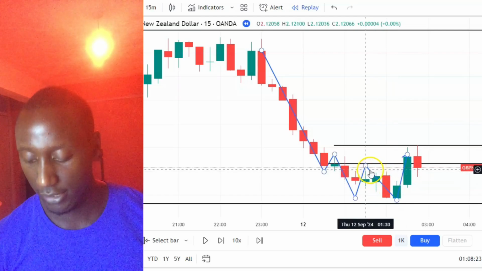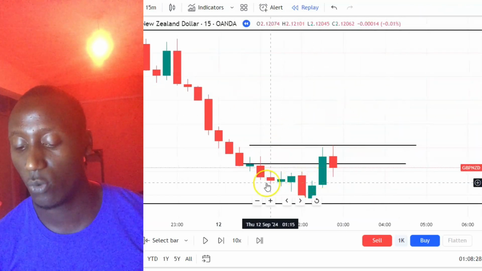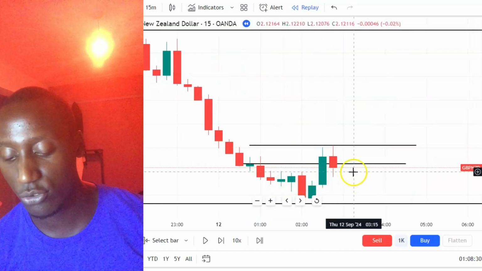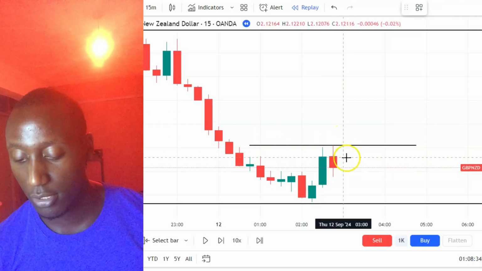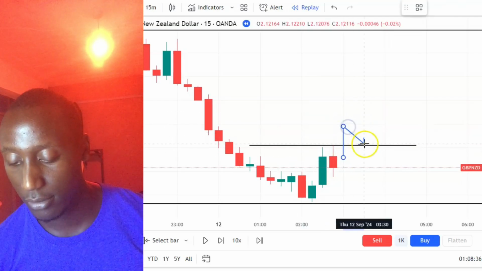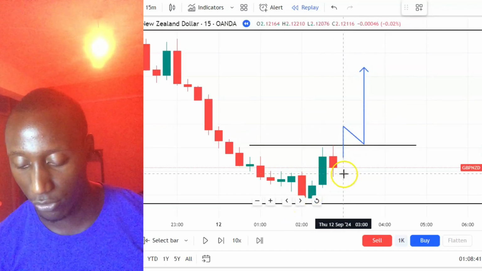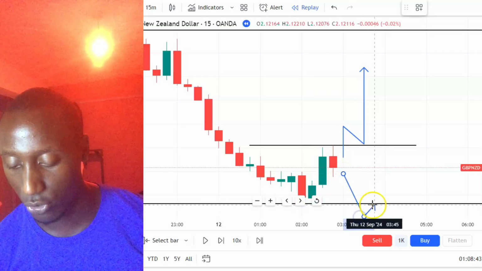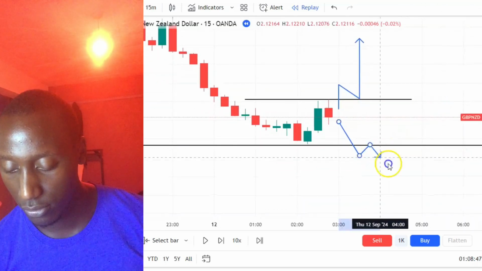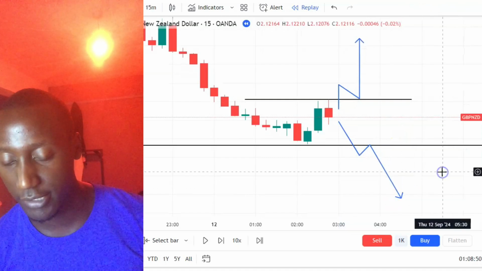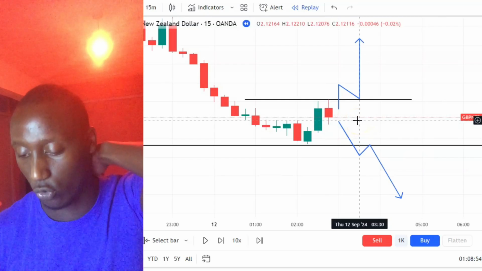There's nothing else you can do but wait, because remember, this is what we call a consolidation. So what we want to see is either price breaking out and going up, because that is what price does, or price breaks below this low to go down. Otherwise, if you trade inside here, you are going to get cooked.